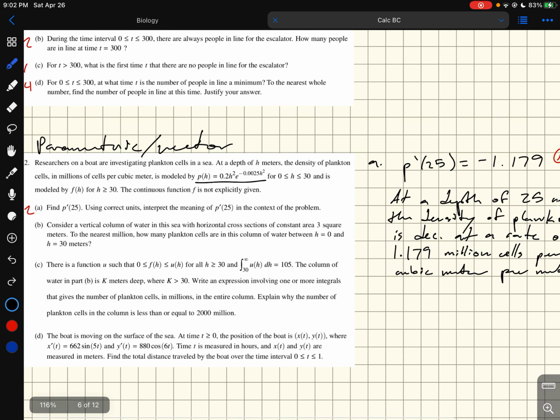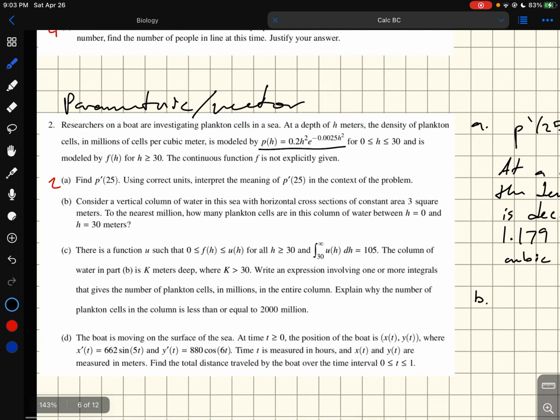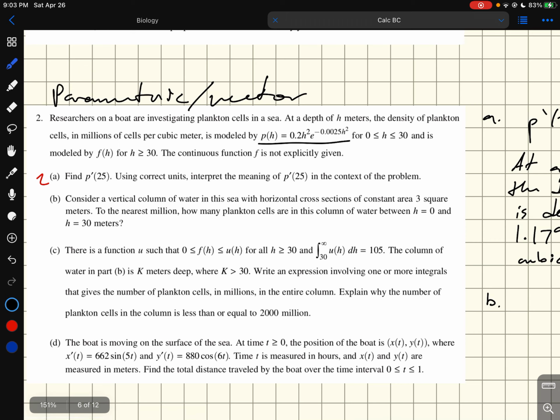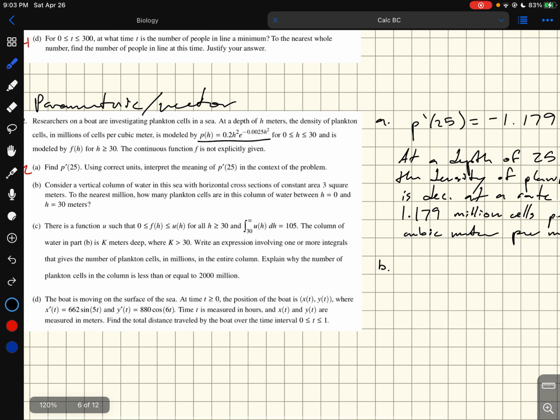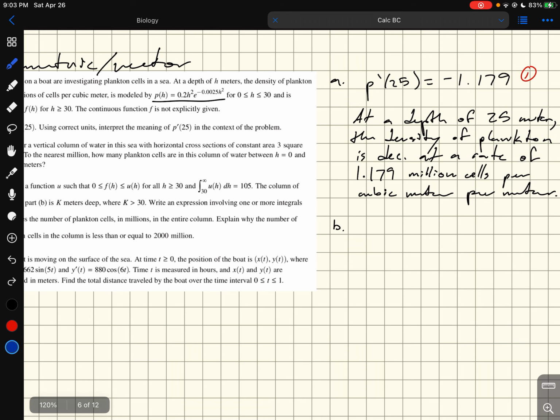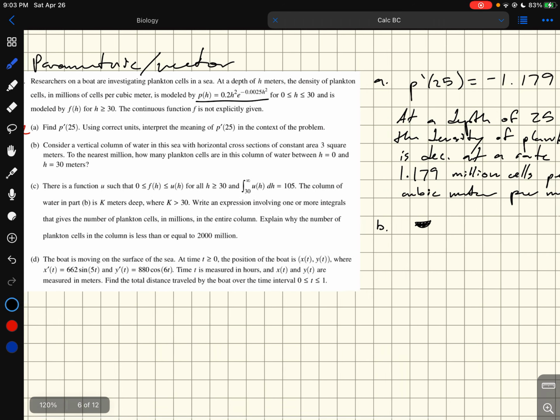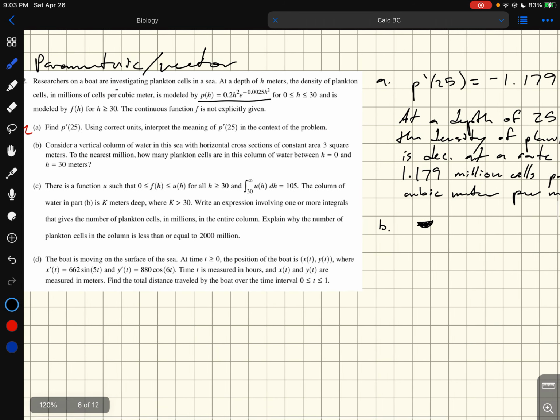Okay, now part B. A vertical column of water with a horizontal cross-section of 3 square meters. And how many plankton are in that? To understand this, I'm going to draw a little picture for you. Here's our boat that we're using to investigate plankton on, and this is like the sea.